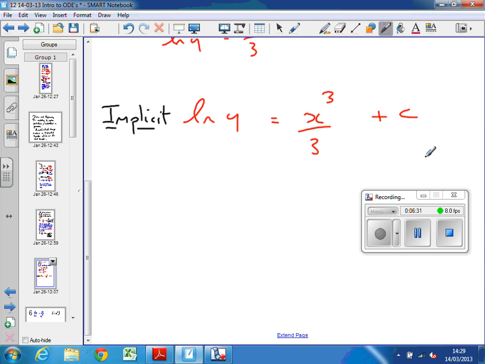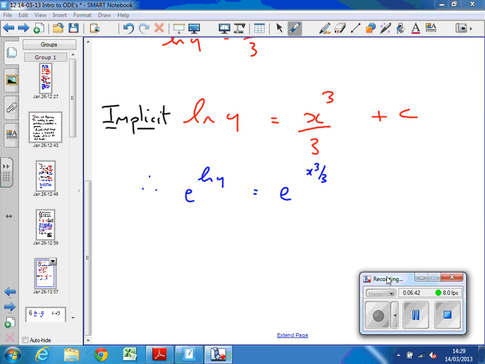I've just put the intermediate step in, because they're opposite functions, the e to the log y actually ends up being y. They cancel each other out. Like square rooting gets rid of the square. E to the x cubed over 3.